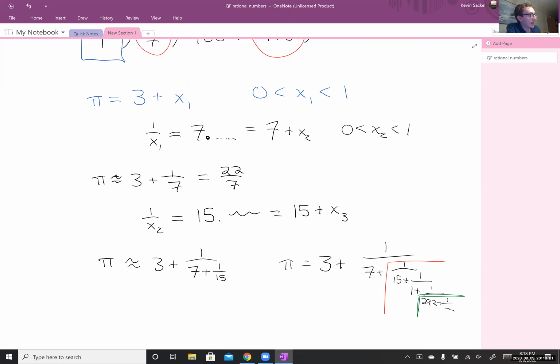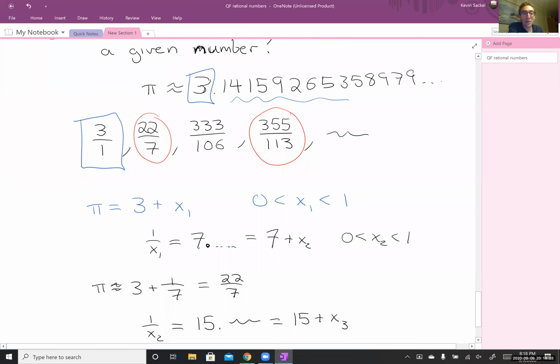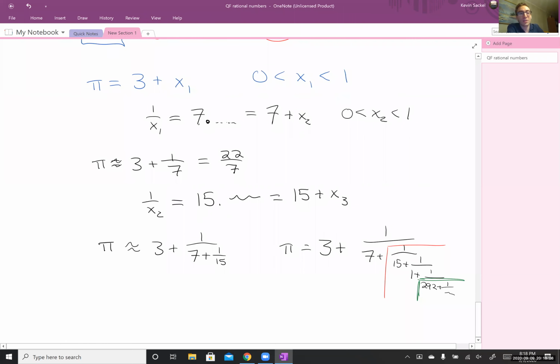And that's why I was saying that 355 over 113, which is the fourth number that I get, just coming from considering 4 of these elements in the so-called continued fraction expansion, that number being very large means that the approximation is very good.